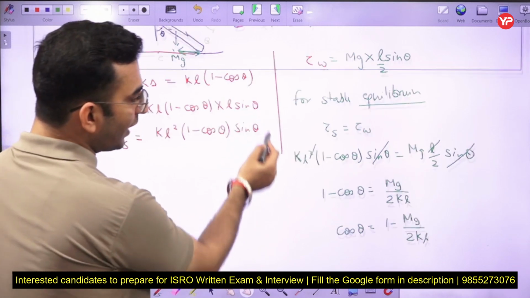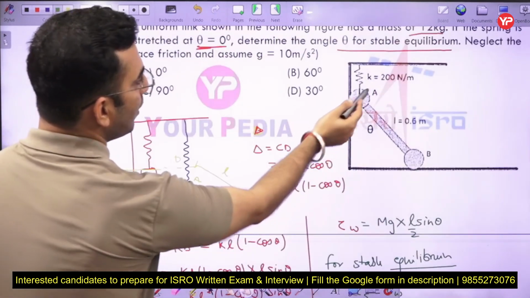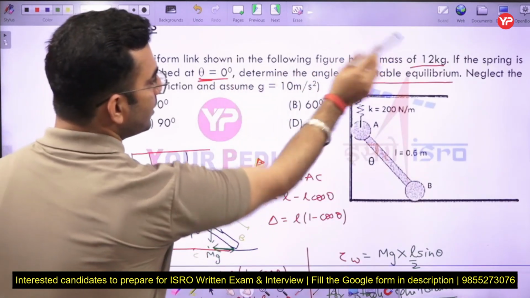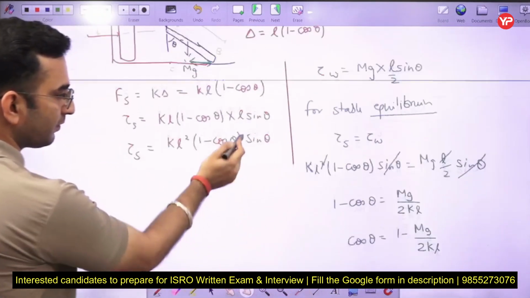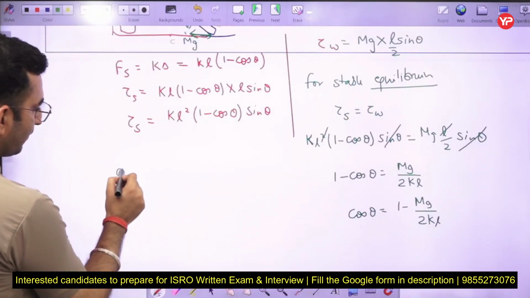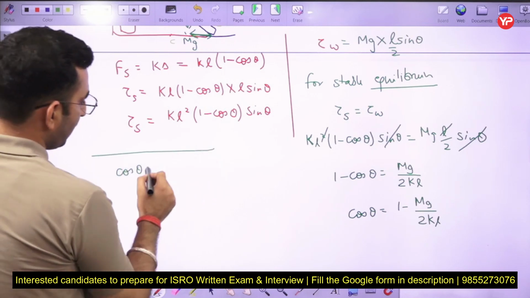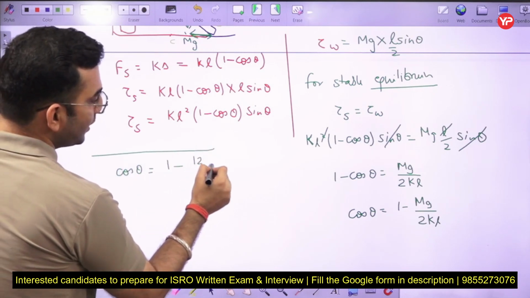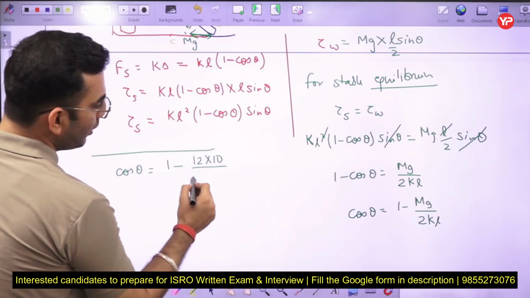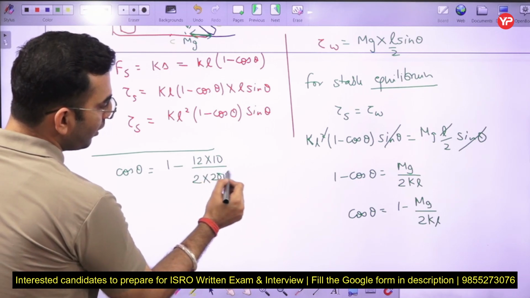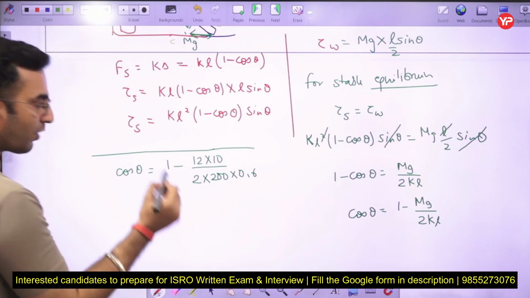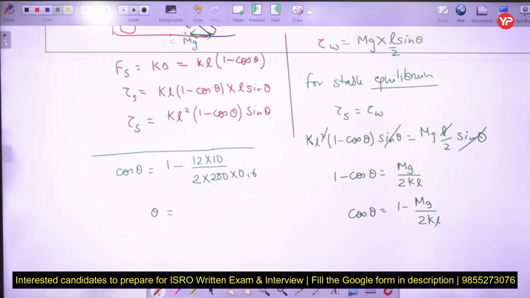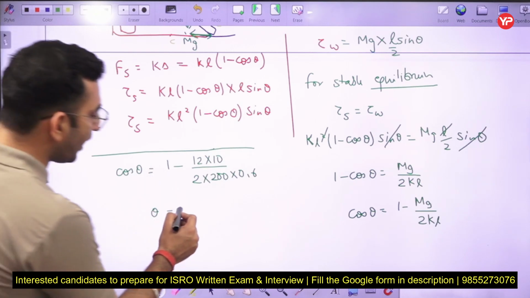Now put all the values here. Mass is 12 kg, gravity is 10, stiffness K is 200, L is 0.6 here. If you just solve this entire expression, you are going to get the value as theta equal to 60 degrees.